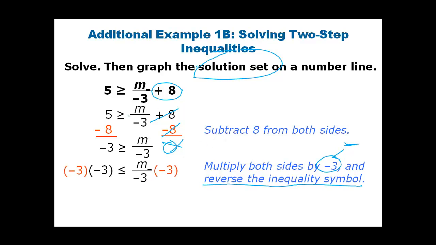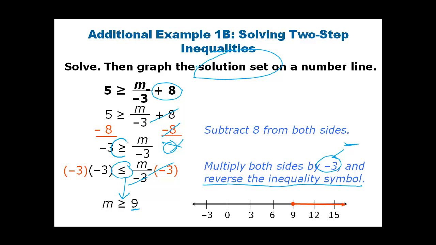So, when I multiply by negative 3 on both sides, negative 3 will go out with negative 3, remaining is m, and then negative 3 multiplies negative 3 is 9. So here it was bigger than, and now it became smaller than.